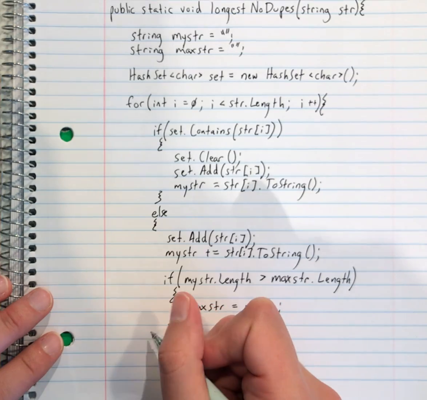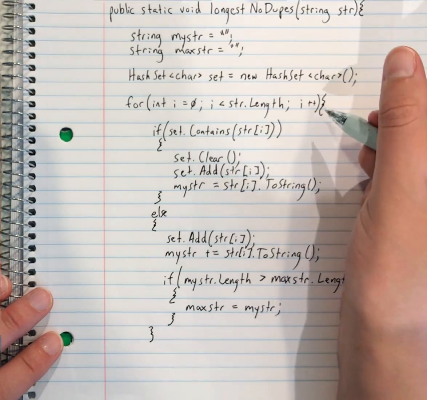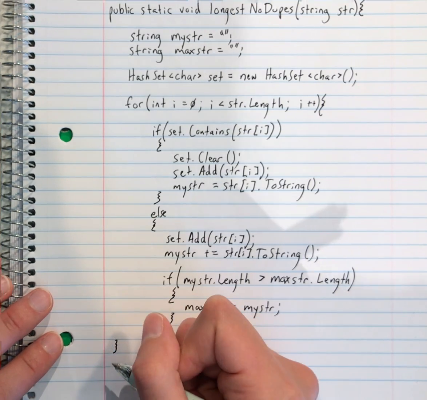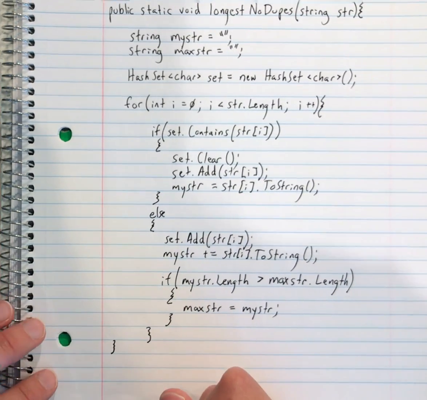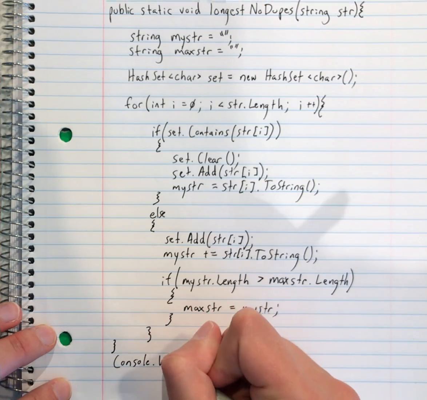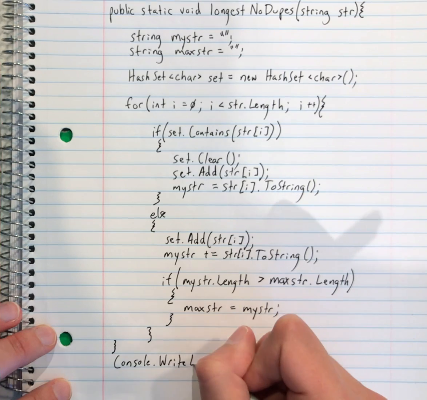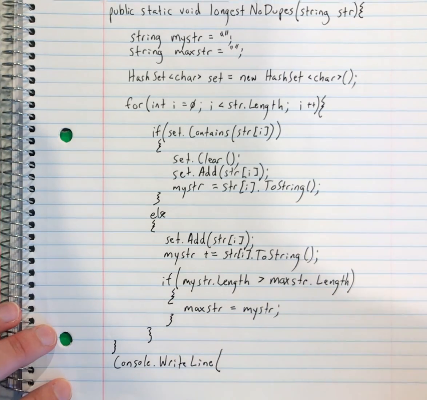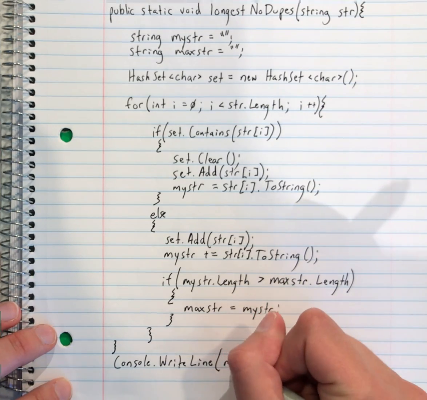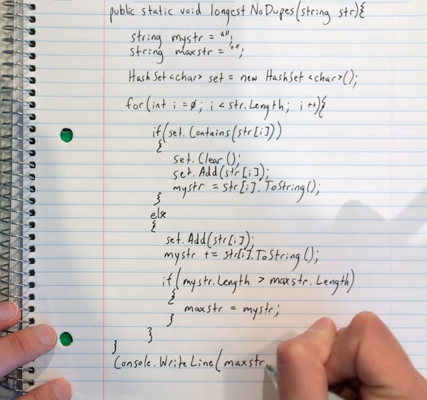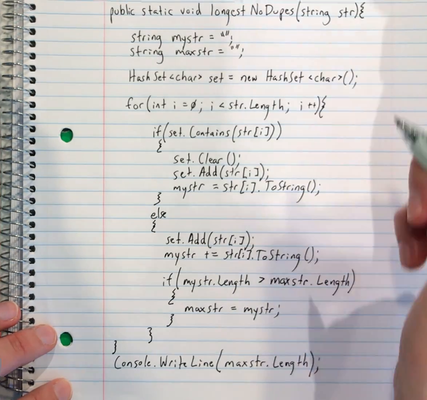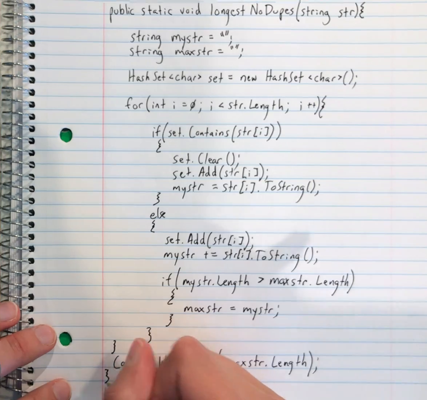Close off this else. Close off this for loop. And then I'll print out the length of max string. And close off the function definition.